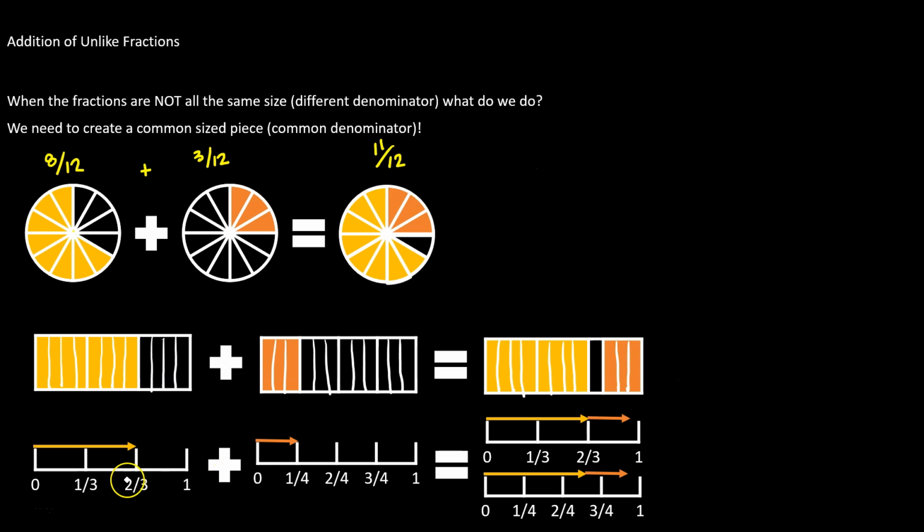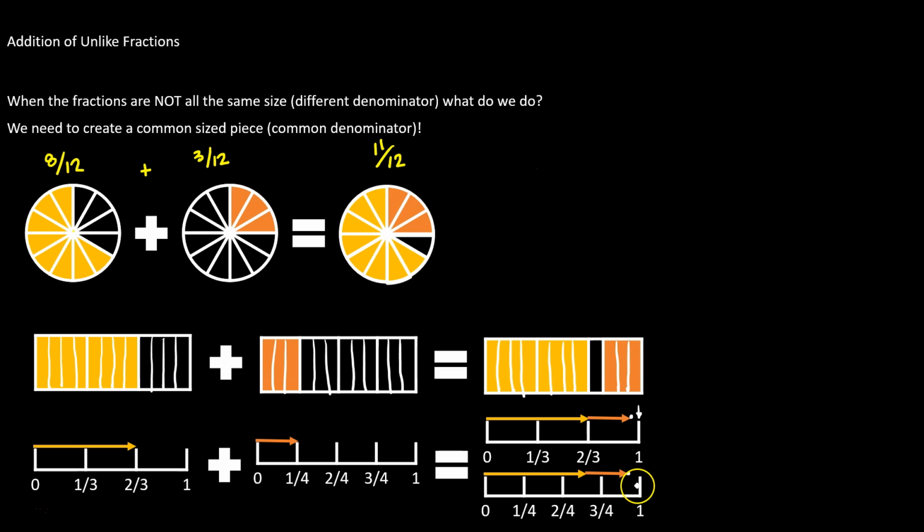In the number line model, it's not as clear that we have different size pieces, but it is clear that if we stack our arrows tip to tail, the end does not land on a perfect grid point, no matter which of the grid points that we're using.